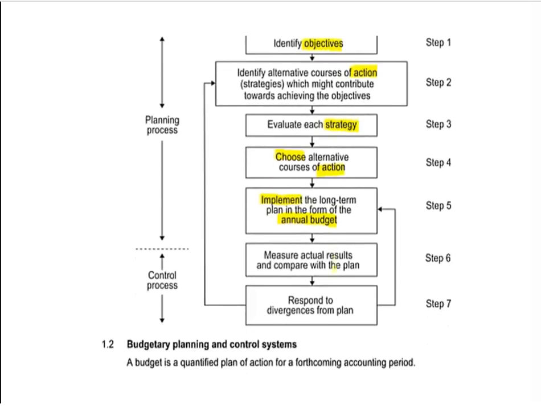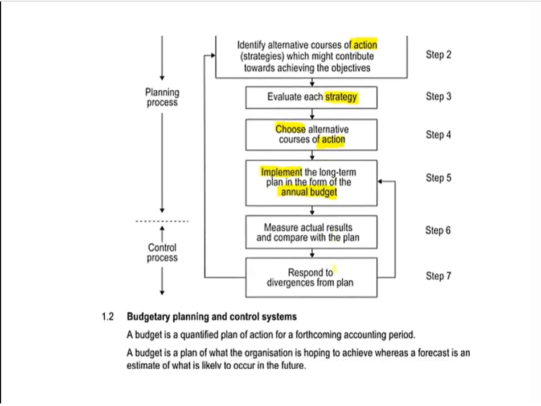Later in the course then, we'll be looking at comparing our actual results with the plan, so having a look at variance analysis, and then thinking about any reasons why the plan didn't quite work out as we'd imagined. So these final 2 steps are part of the control process, but we've got budgeting as the final step in the planning process.